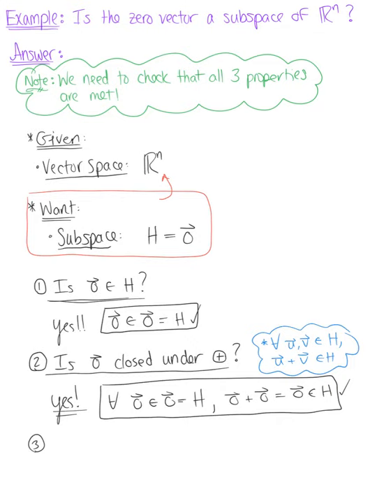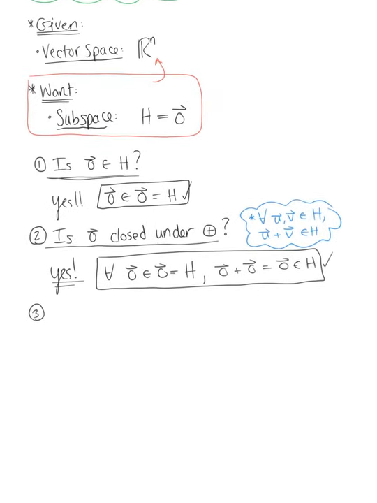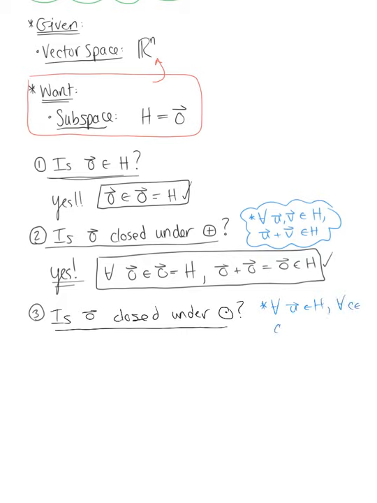Case number 3, let's give ourselves some more room: is the zero vector closed under scalar multiplication? Again, let's start by thinking about what we want to show. We want to show that for all vectors u in our subspace and for all scalars c, the scalar multiple c times vector u is also in the subspace.